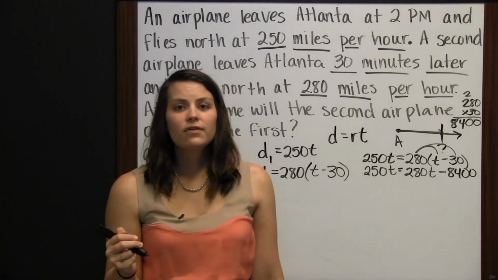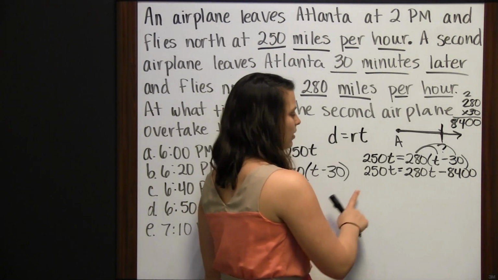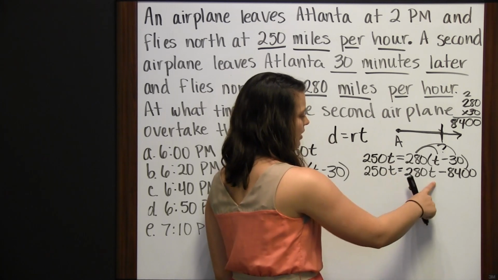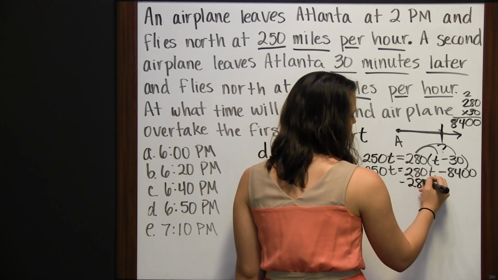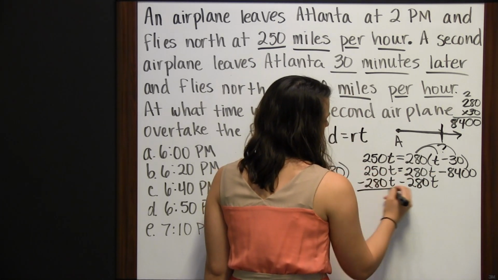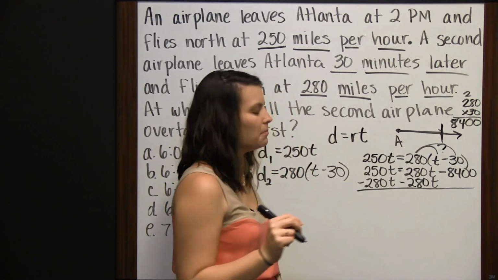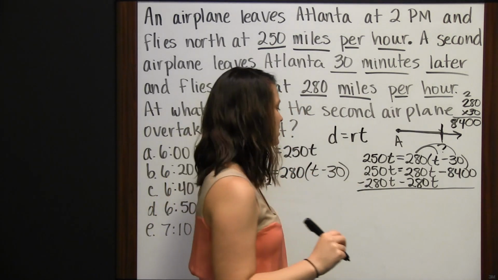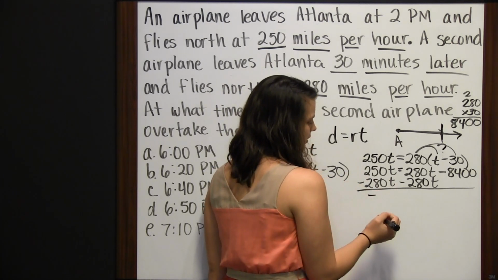Now we need to get all of our variables on the same side of the equation. We don't want to have t on the left side and t on the right side. So I'm going to subtract 280t from both sides. 250t minus 280t, I'm taking away more than I have, so I'm going to end up with a negative.